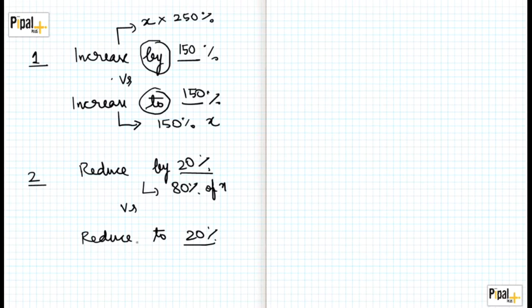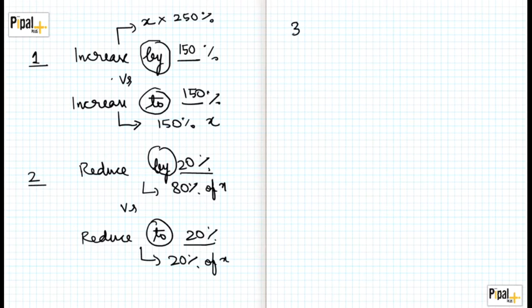But if my x must be reduced to 20%, then the answer I'm looking for is just 20% of x. So notice that whenever there is a to involved, we will just multiply this percentage with whatever number we are going to change. If we have a by, then for increase by we add this percentage to 100%. Whenever we have reduced by, we reduce this percentage from 100% to arrive at our answer.